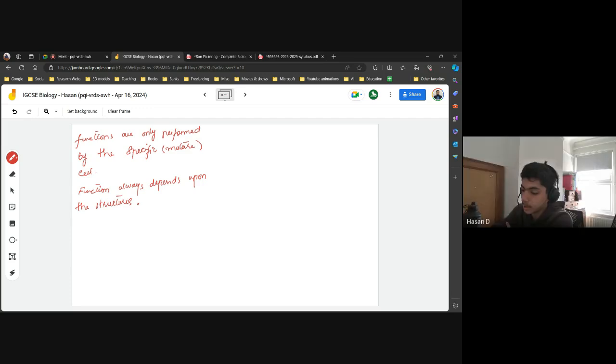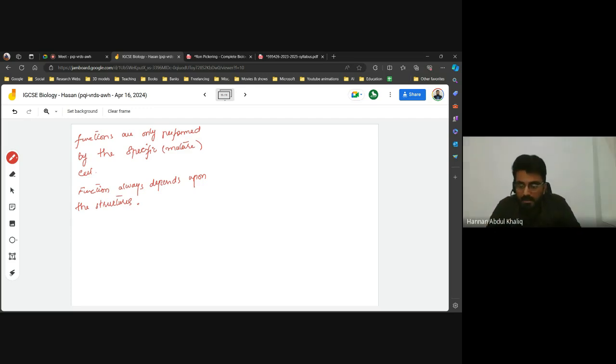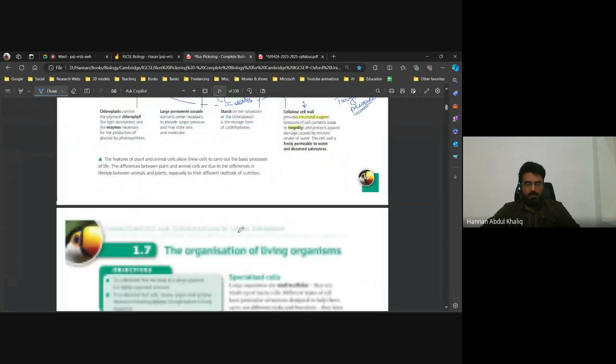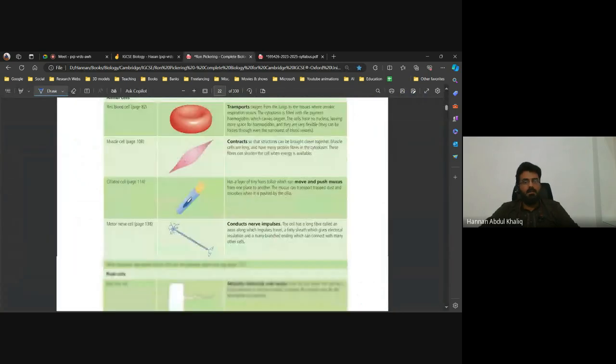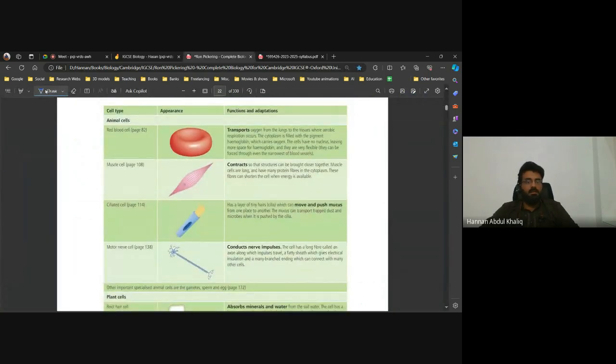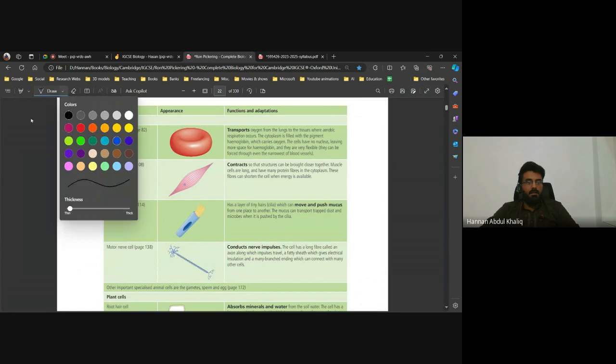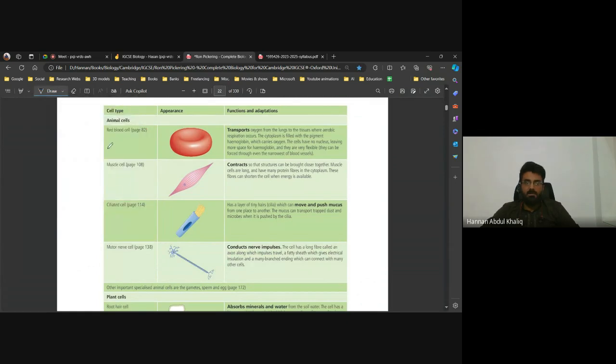That is why it is important to differentiate, because a general cell is never enough to perform the tasks, but the specific cells are always suitable enough. So, these are a few animal cells you look at which have been specialized.